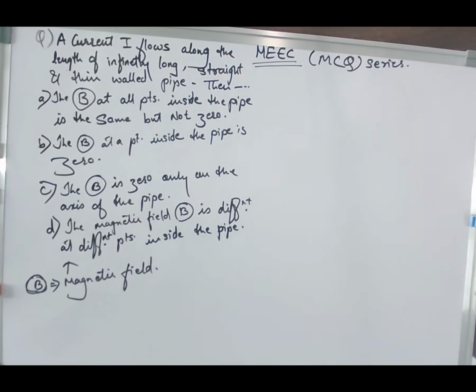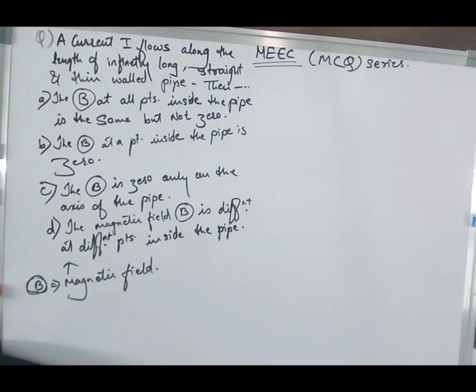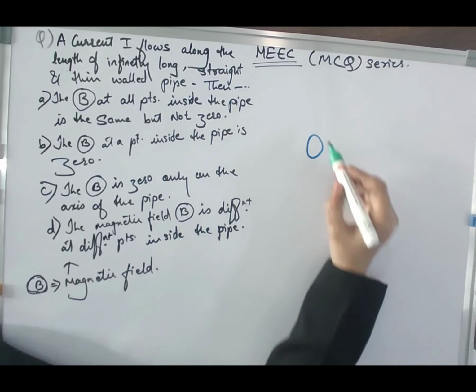Now see, we will see what actually it says and what it means, and we will find out. It is a very easy, what we say, halwa question. See, this is a thin walled pipe.